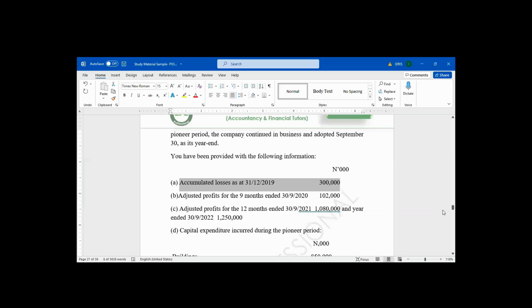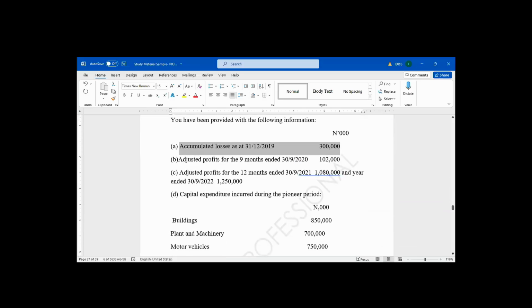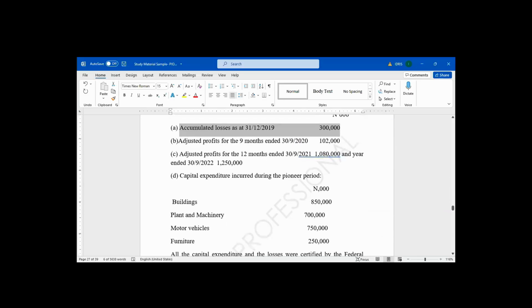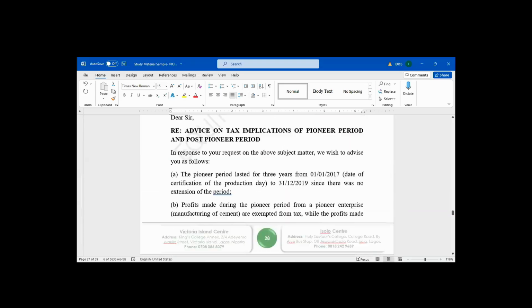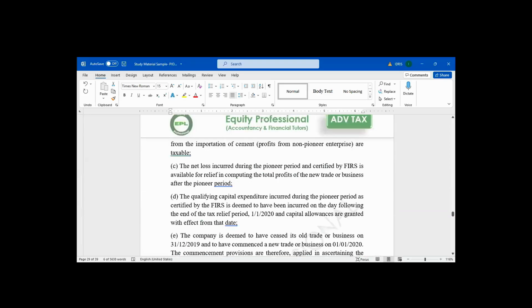When a company incurs capital expenditure during the pioneer period, what is the treatment of capital expenditure incurred during the pioneer period? The qualified capital expenditure incurred during the pioneer period are certified by who? By the FIRS.